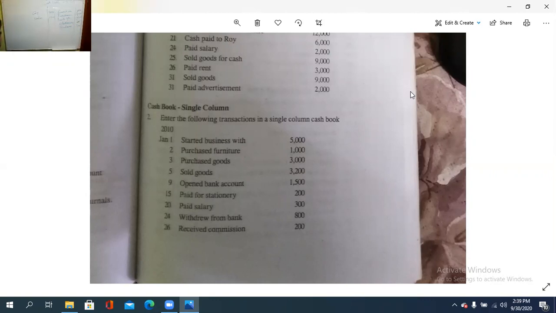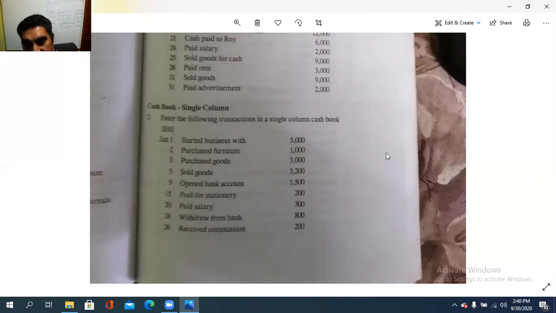Then withdrew from bank. withdrew from bank എന്ന് പറയുമ്പോൾ bank account debtor to cash അല്ല, cash account debtor to bank ആണ്, because withdrawal ആണ്, drawings. Okay, withdrew from bank 800. ഈ 1500 ഇട്ടതിൽ 800 withdrew ചെയ്തു എന്നാണ്. Received commission, so commission debited 200.